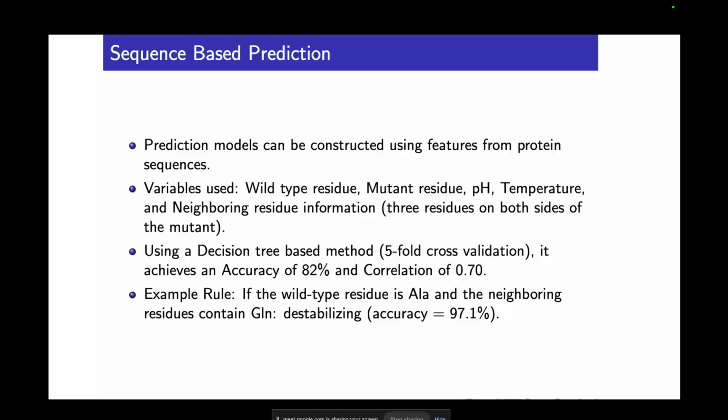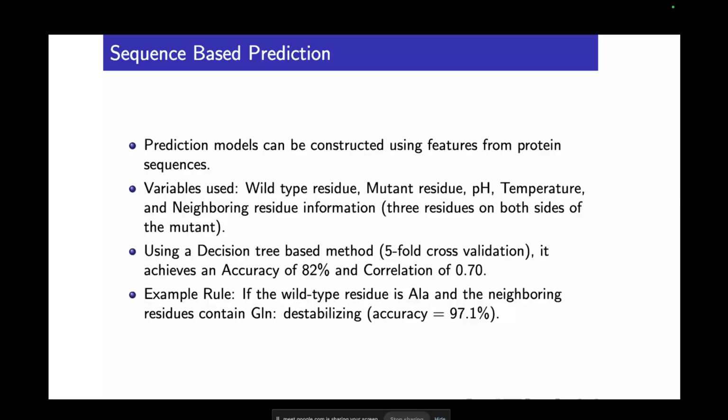With the advent of tools like AlphaFold, for any mutation you can think of, you can predict what the structure difference is going to be. But earlier, you could make a prediction model using features from the protein sequences: the wild type residue, mutant residue, pH, temperature, and neighboring information. You can make a decision tree based method, and it can gain an accuracy of up to 80% and a correlation of up to 0.7.